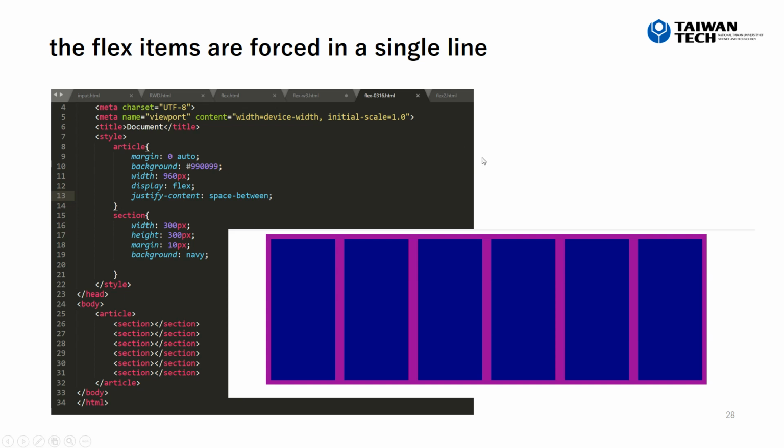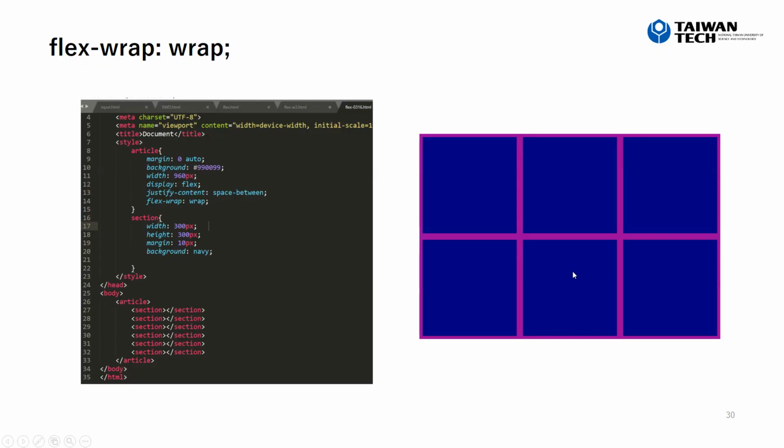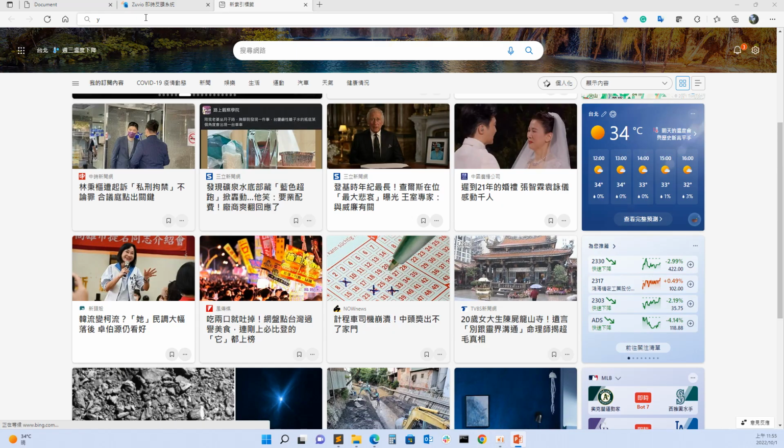How do we make flex items flow into multiple lines? Actually we just need to set up flex-wrap. We need to set up this flex-wrap in the parent article. Okay, that will become two lines. Okay, let me just show you.